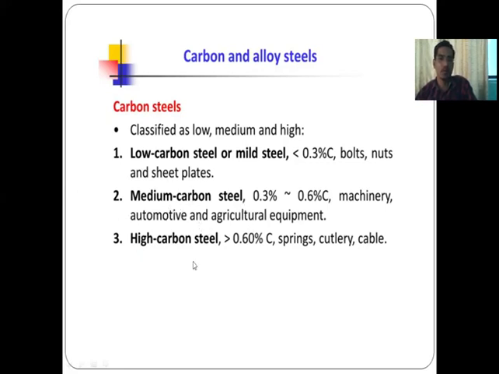The third carbon steel is high carbon steel, which contains carbon percentage greater than 0.6%, up to 2 to 2.1% carbon, and is used to manufacture springs, cutlery, cables, etc. These are the applications of high carbon steel. They are quite good in strength and ductile in nature.